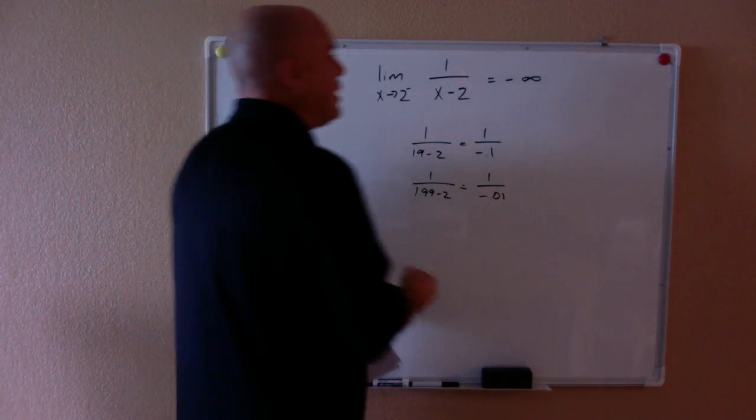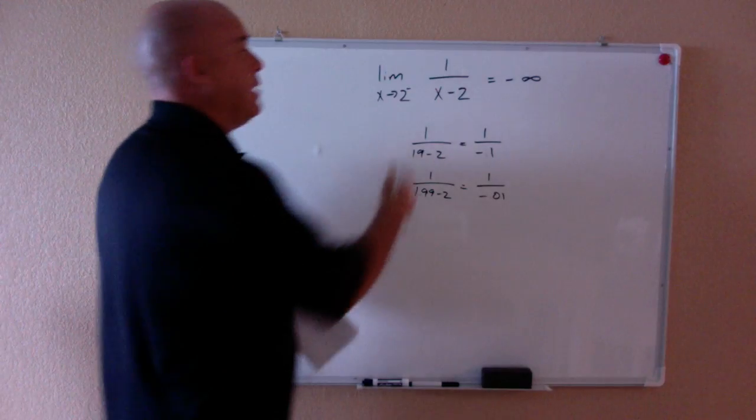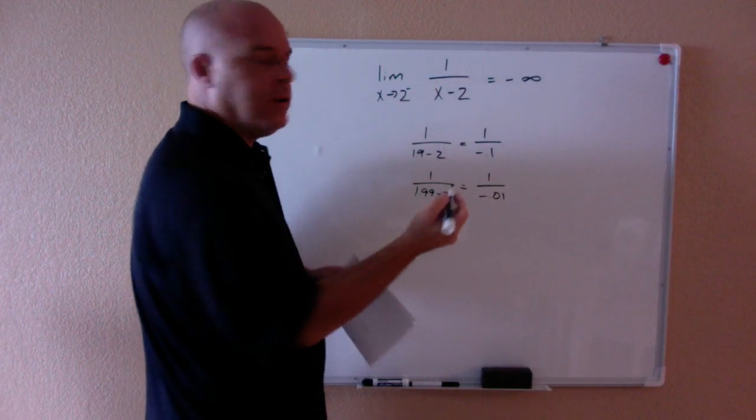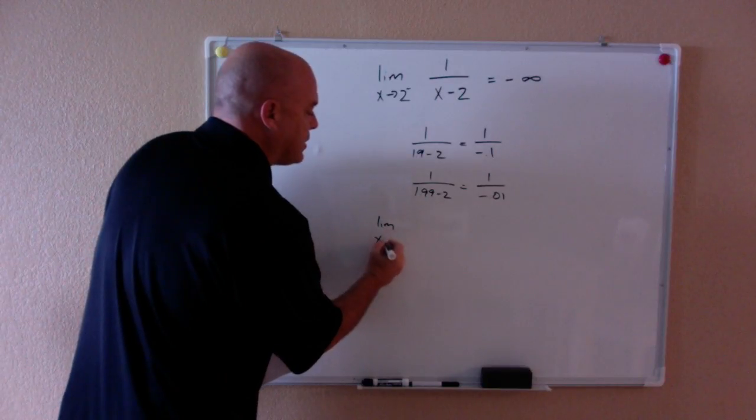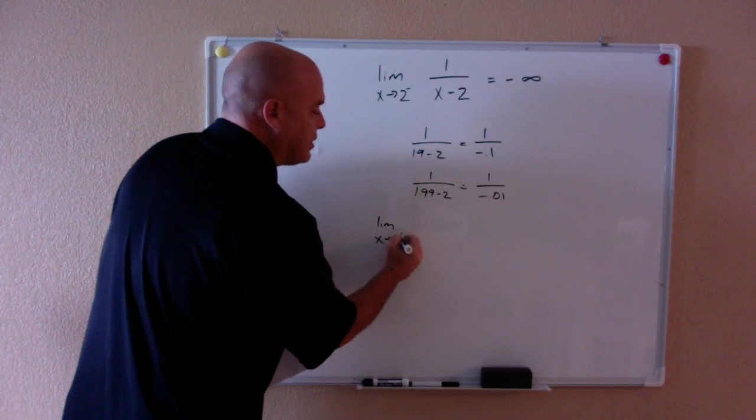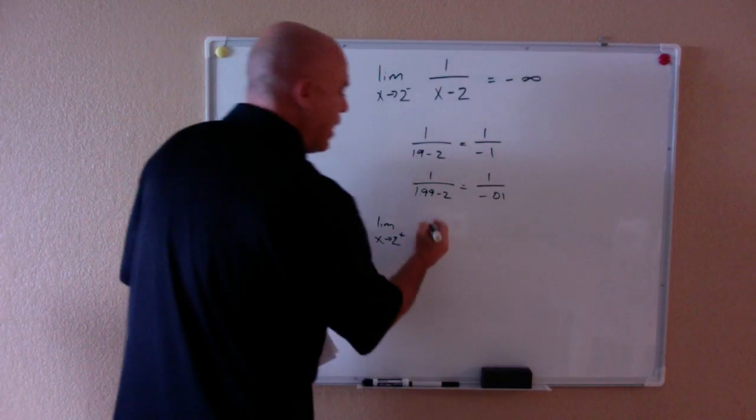Now, if I look at this from the right-hand side, it looks pretty much the same way. We'll take the limit as x extends to 2 from the right-hand side.